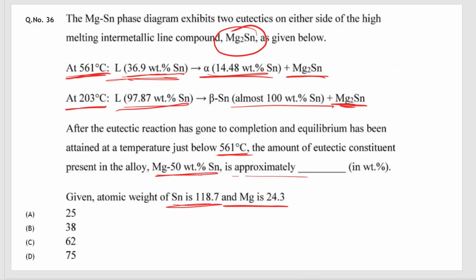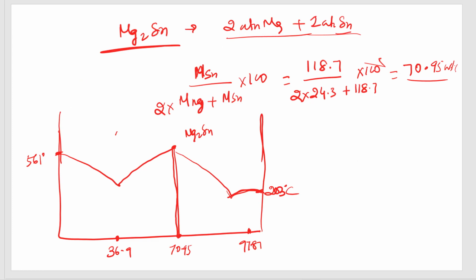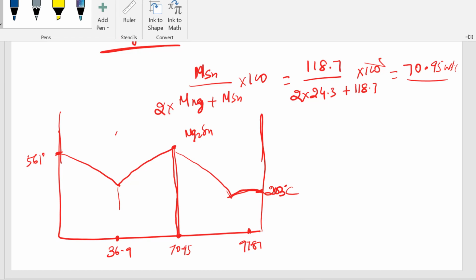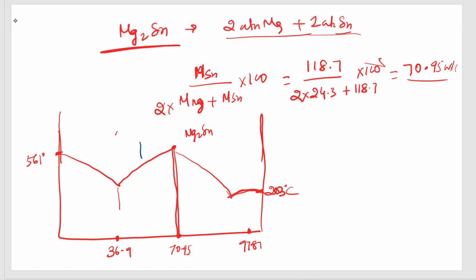Okay, and here again read the condition. After the eutectic reaction has gone to completion and equilibrium has been attained, the amount of eutectic constituents present in the alloy is approximately 50-50%. So we have to find at 50 composition, which would be here, suppose.